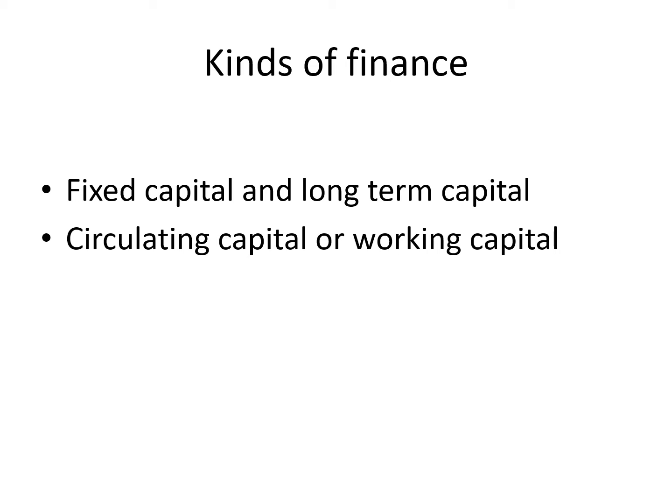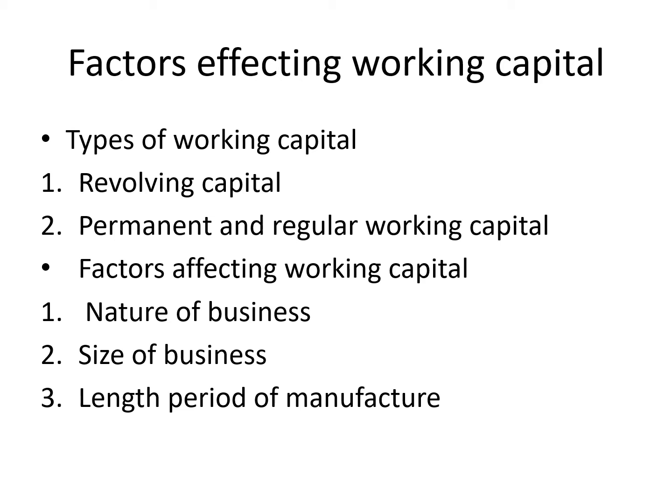So this kind of capital is obviously required from time to time, and it is very important for the operations of the business. There are many factors which can affect the needs for working capital. When we talk about types of working capital, there are revolving working capital and permanent and regular working capital.